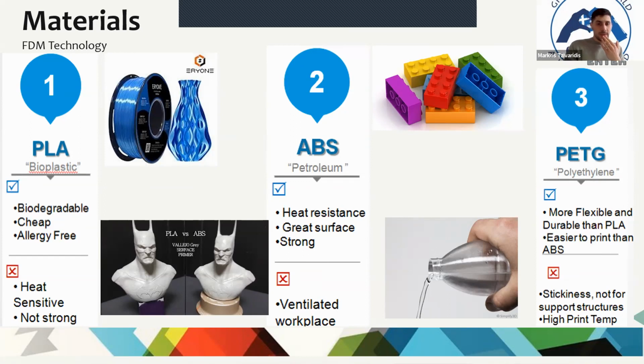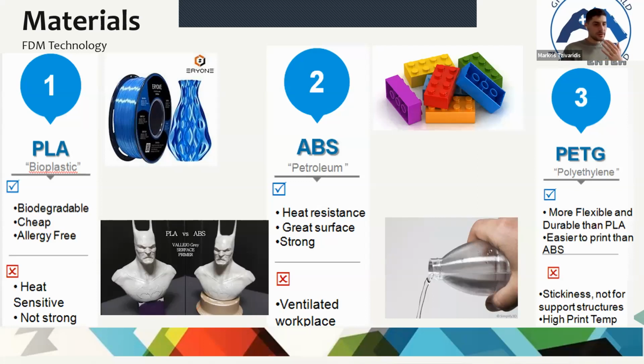And the third one is PETG, which is crafted from a mixture of polymers. It contains the same plastics which are utilized to manufacture plastic bottles. However, it's modified with the addition of extra glycol in order to make it a stronger material. So this filament is ideal for 3D printing because it offers all the advantages of ABS, like strength, heat resistance, durability, but has the dependability of PLA, which is known to be easy to print.